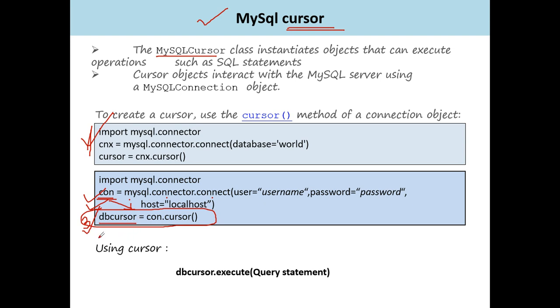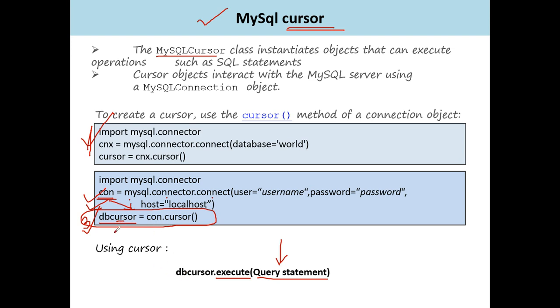After creating a cursor, you have to give the respective SQL statement. It may be a fetch statement, an insert, delete, update, all the DML statements, and even DDL statements you can just put inside this function, execute. This execute function is a method under this cursor object.